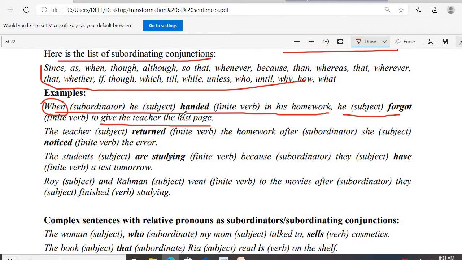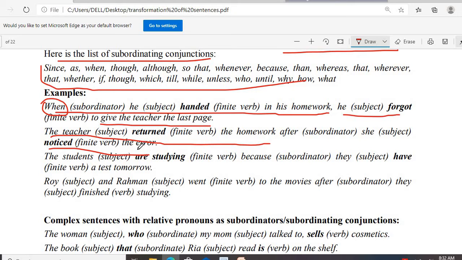Number two, the teacher returned the homework after she noticed the error. The teacher returned the homework, this is the principal clause. After she noticed the error, this is the subordinate clause.